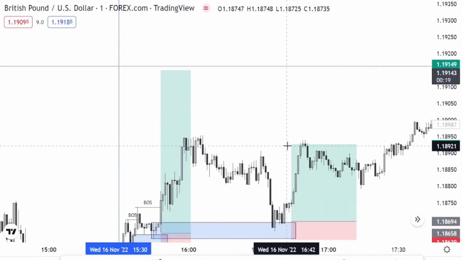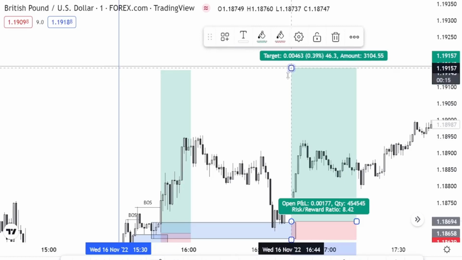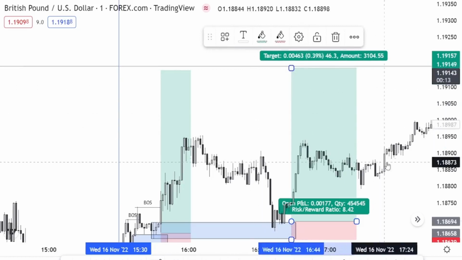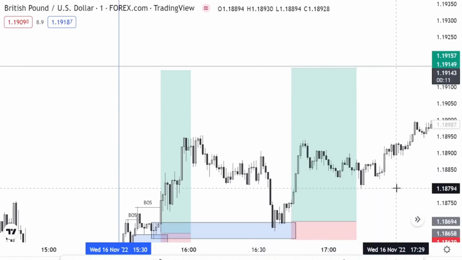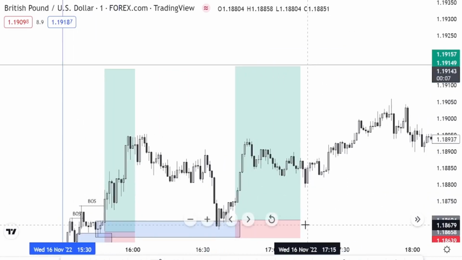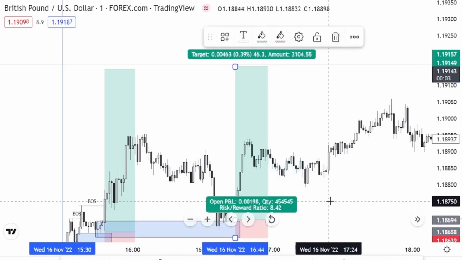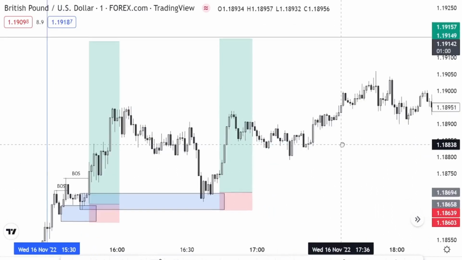We are targeting the same high. This would have given us 8.42 R, targeting the same high. That's the second example of this strategy.